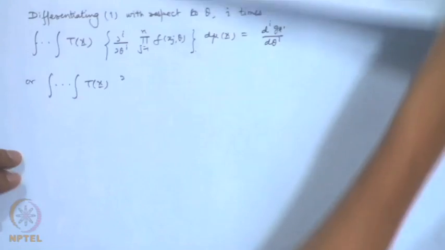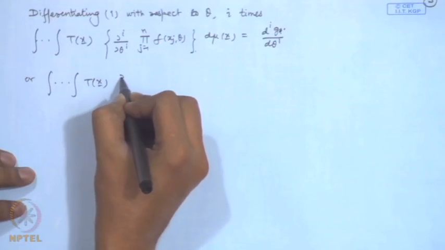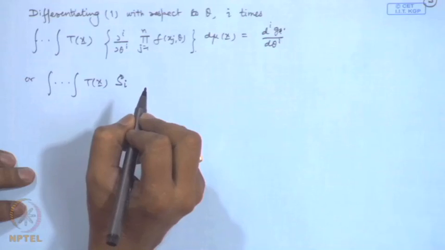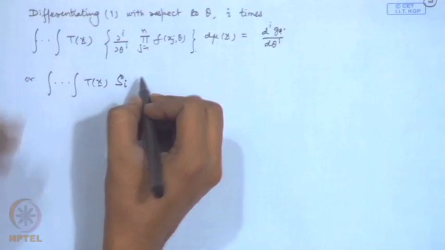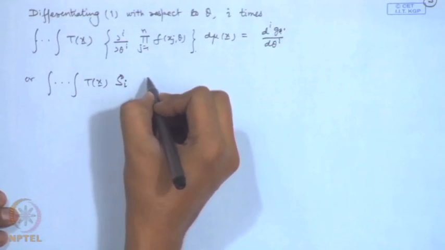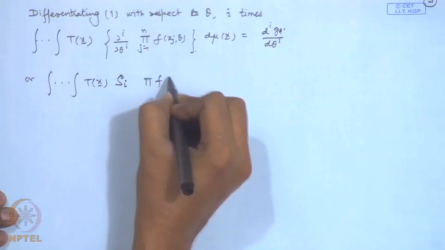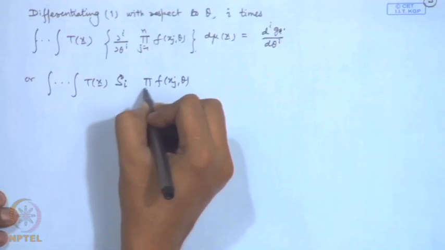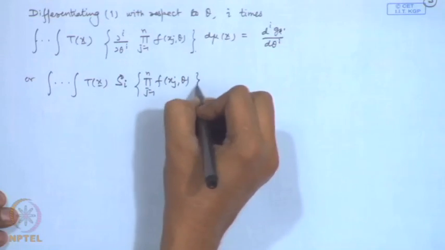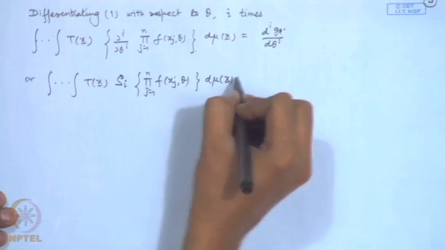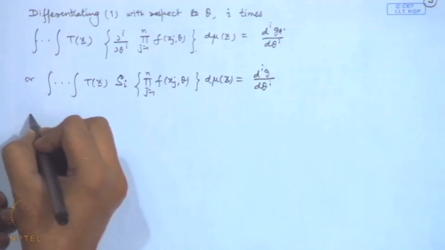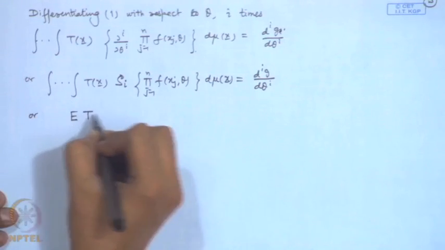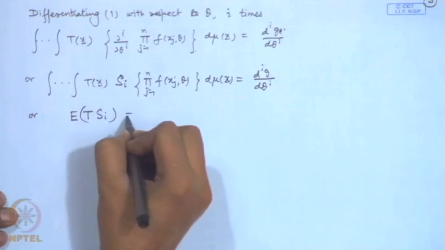If I divide by this term, this becomes nothing but S_i, and then I can express it as the integral of T S_i into the product of f(x_j, theta), j equal to 1 to n, d mu(x), is equal to d^i g by d theta^i. This is nothing but the expectation of T into S_i.